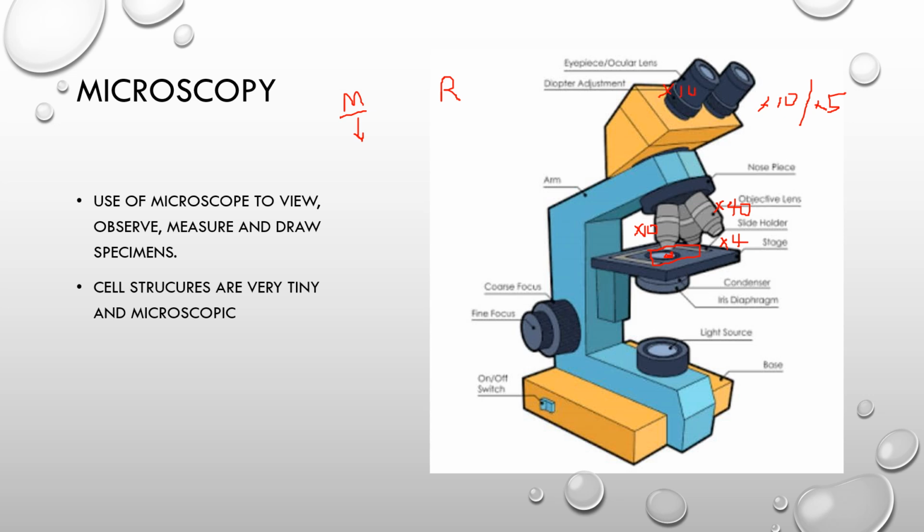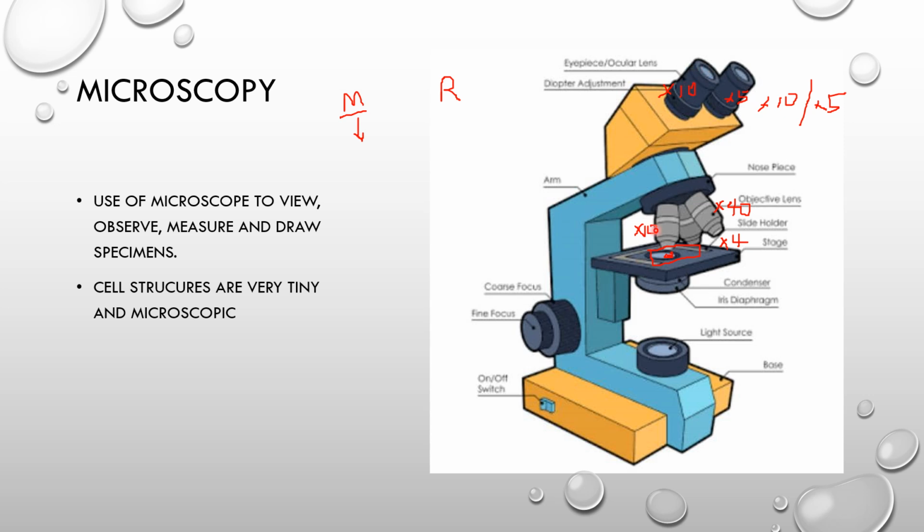Okay, let's assume that's times 10. This is times 5. So you can see, guys, let's assume we're using this and this. This magnifies by 10 times, because this also has a lens and magnifying power, so it will magnify the image 10 times.